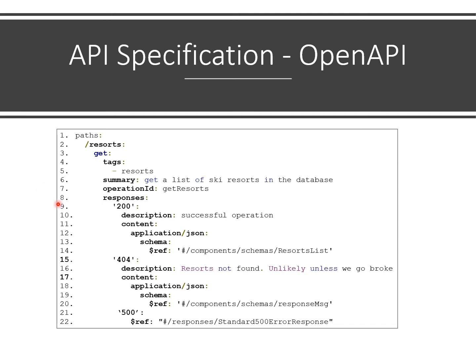If the operation is successful, a 200 response code is returned along with a list of resorts in a format defined by a JSON schema that appears later in the specification. If for some reason the list of resorts operated by skico.com returns no entries, a 404 response code is returned along with an error message that is also defined by a JSON schema that's not shown here on the slide.